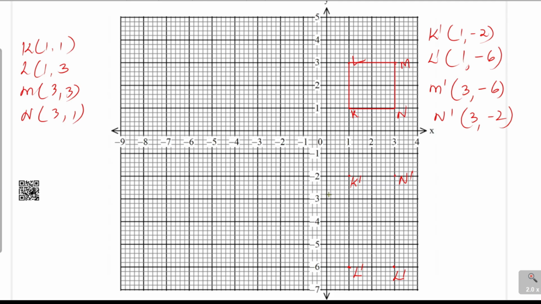Let us join the points. So those are the points. Let me put it properly so that you can see it. Like that. So that is the first question.